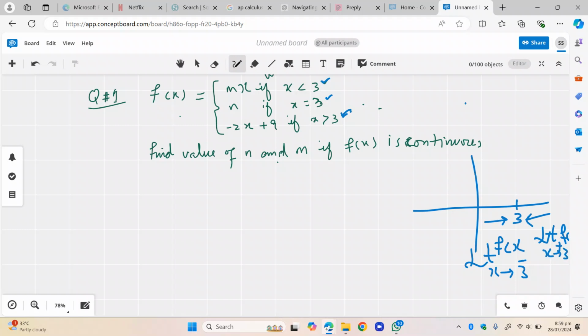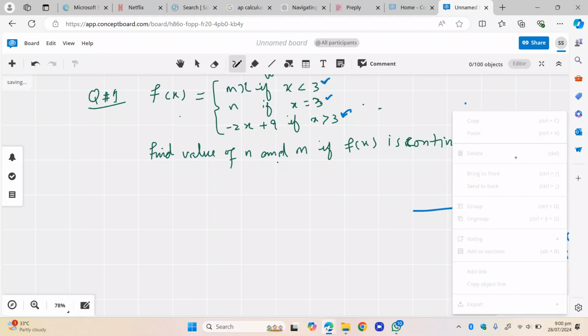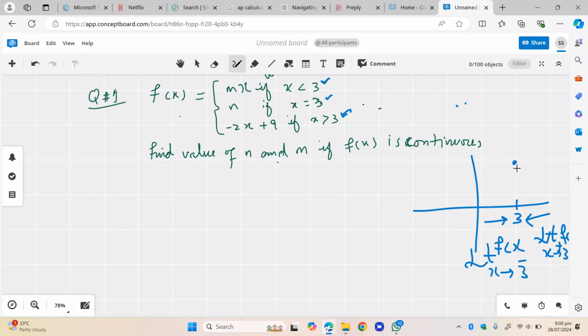Both values will be the same, and f of 3 is equal to this one too. So if you come from this side, you will get this value, and if you come from this side, you will get this value. And at x is equal to 3, it will also give you this same value. So that would mean continuous.